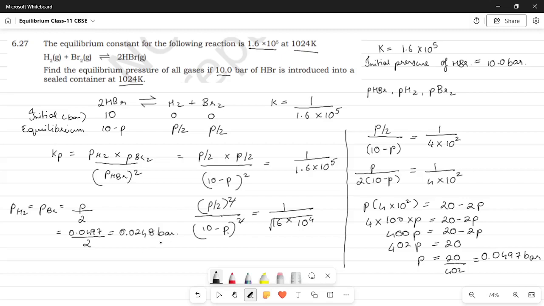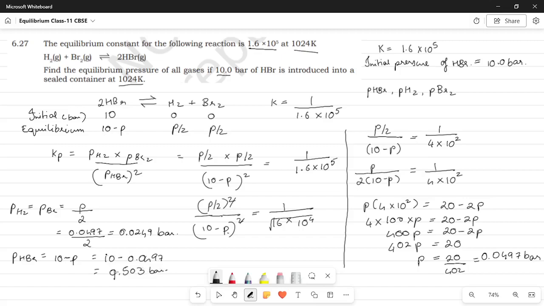Actually, it's 0.02485, so I'm just going to say 0.0249 bar. And then you have PHBr equal to 10 minus P. So that's going to be 10 minus 0.0497. So this is equal to 9.503 bar.